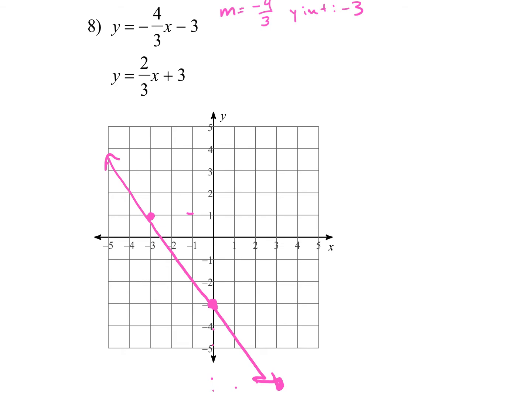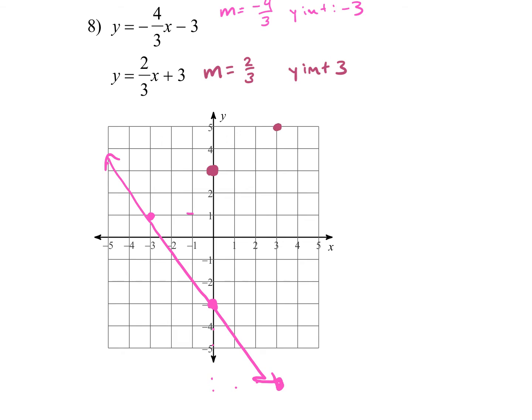Now we want to do the same thing for the second equation. What's my slope? 2 over 3. And what's my y-intercept? 3. So I'm going to put a point at 3 on my y-axis, and then go up 2 and right 3.